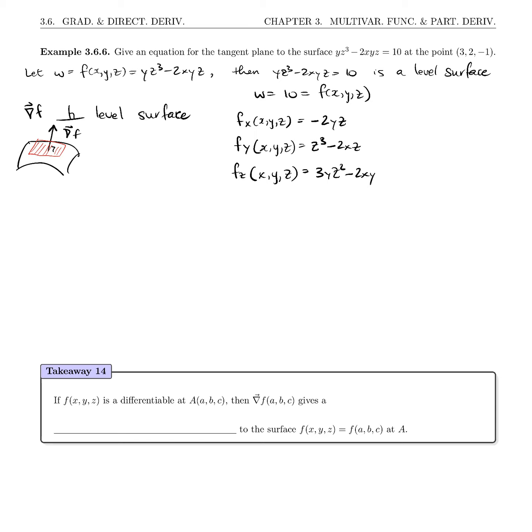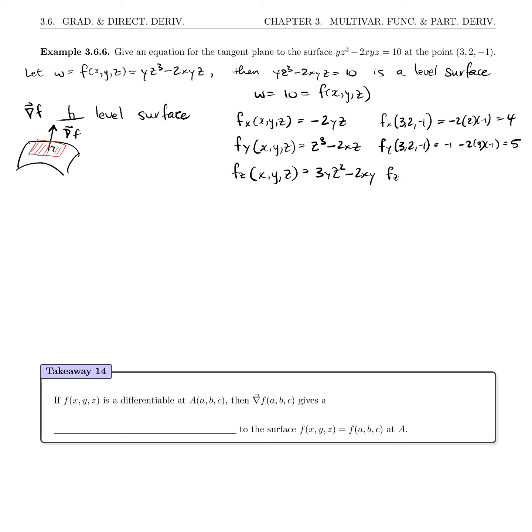Now I need these at the point (3, 2, -1), and so let's evaluate those. F sub x at (3, 2, -1) is minus 2 times y, which is 2, times z, which is minus 1, so I get 4. F sub y at (3, 2, -1): z cubed is minus 1, minus 2 times 3 times minus 1, so minus 1 plus 6 is 5.